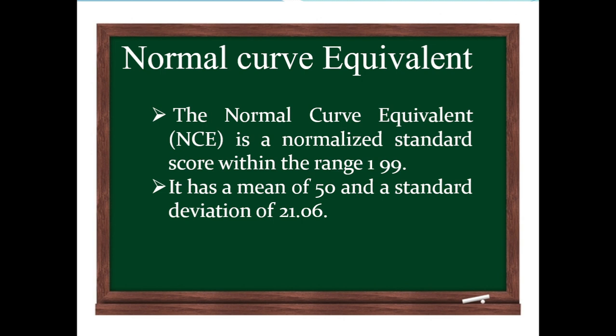So, for example, an NCE of 30 in reading is twice as far from the mean compared to an NCE of 40 in mathematics. The student's score in mathematics was 10 points higher than in reading, but both are still below the average score of 50.